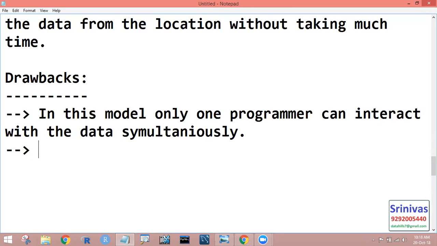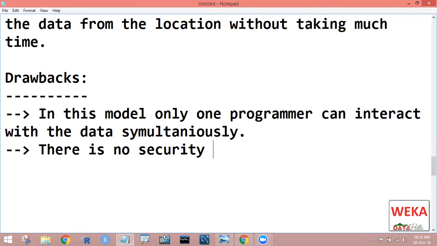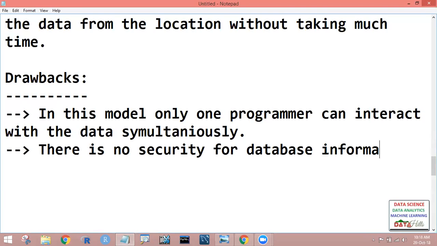There is also a security problem here. There is no security for database information. Here also it is not possible to share the database to multiple users or to different locations.